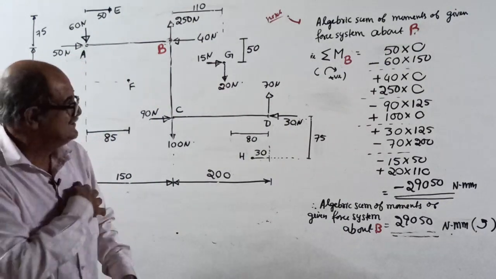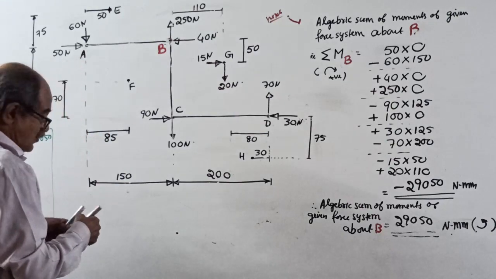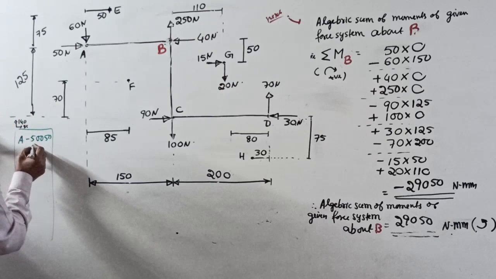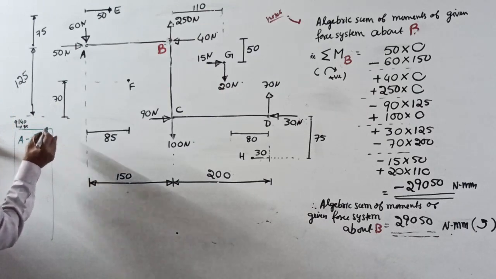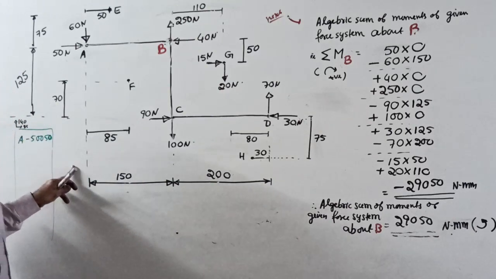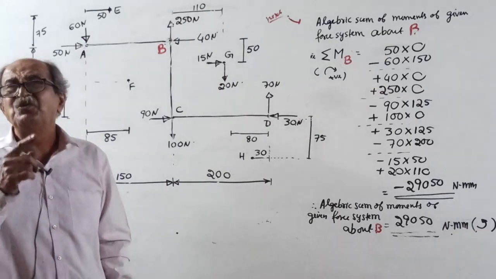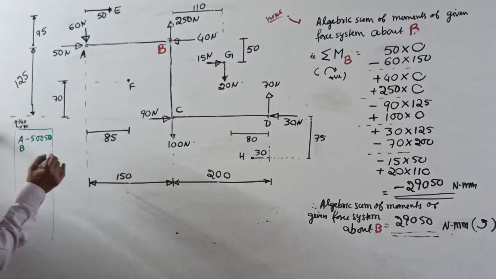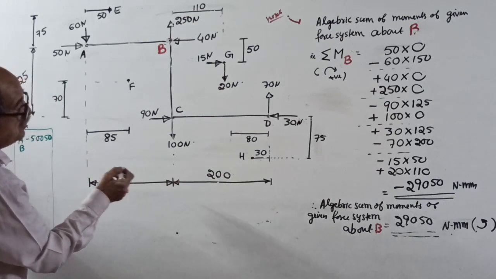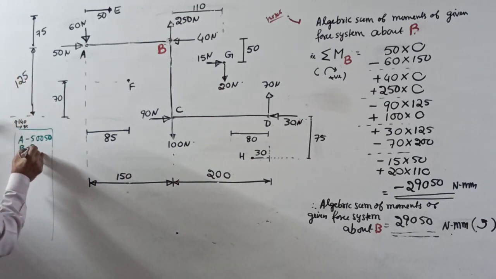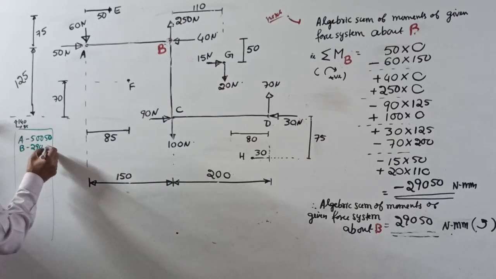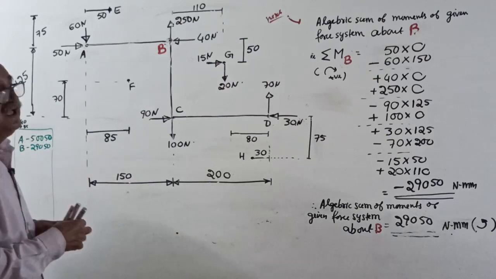Some will ask, sir, what is going on, sir? Nothing going on, don't worry. Some will ask, sir, how you got all these things? Yes, correct. See, I remembered correctly. 50050, correct. See, faintly I remembered 500 something. Okay, now correct. And about B is how much I got just now? This is my personal calculation. 29050.